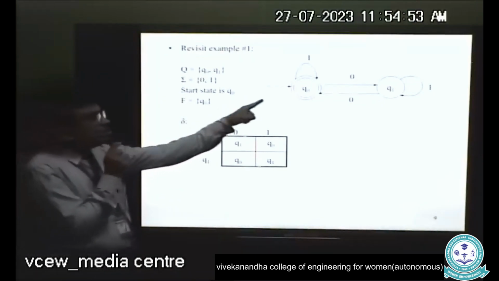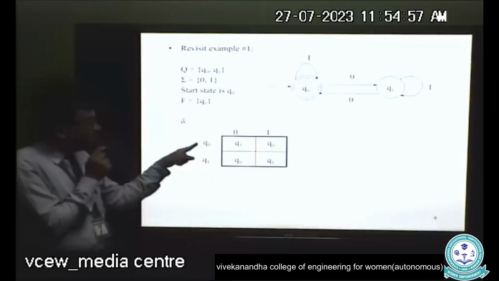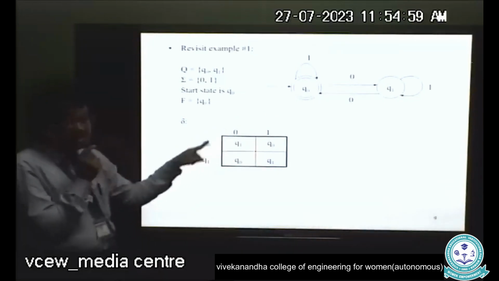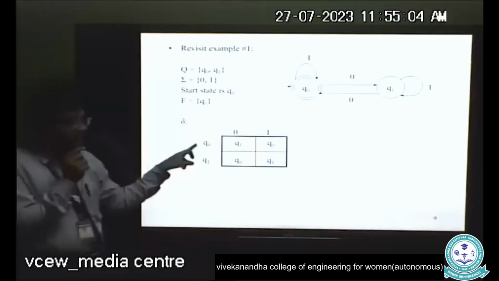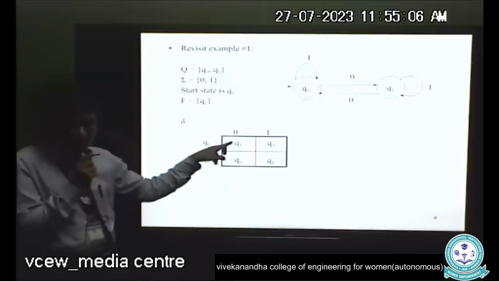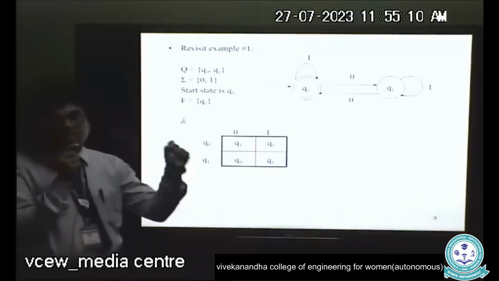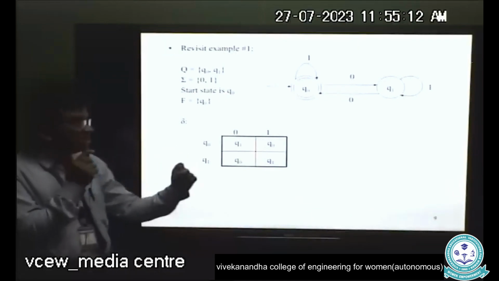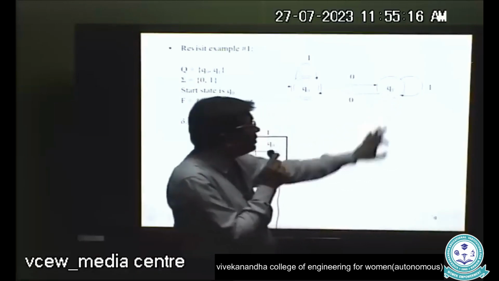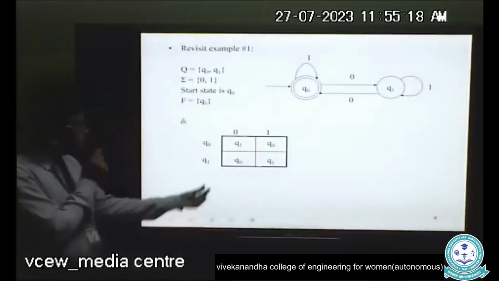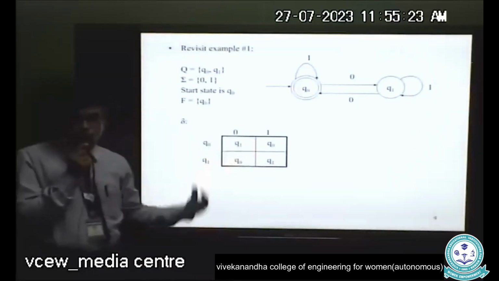So now Q0 on 0: where is this input symbol reaching? Started from Q0 with input symbol 0, check the transition diagram to see where it is reaching. Yes, Q0 on 0 reaches the state Q1. So I can put the state Q1 here.